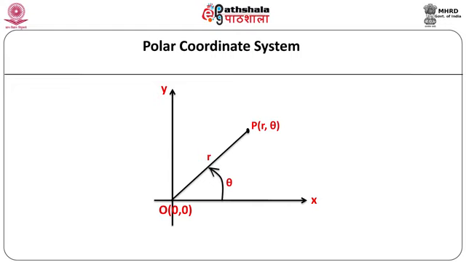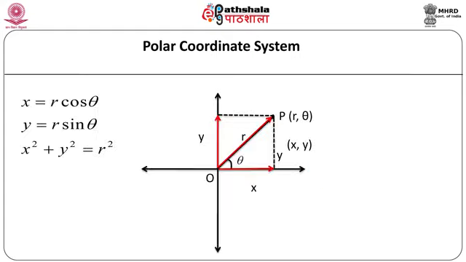The distance r equal to OP and the angle theta measured in the anticlockwise direction from the positive direction of the line OX will be sufficient to describe the position of point P with respect to O. Here r and theta are called as polar coordinates of point P. Simple trigonometrical considerations can give the relation between r, theta, x and y as shown. The point O from which the distance r is measured is called as pole.